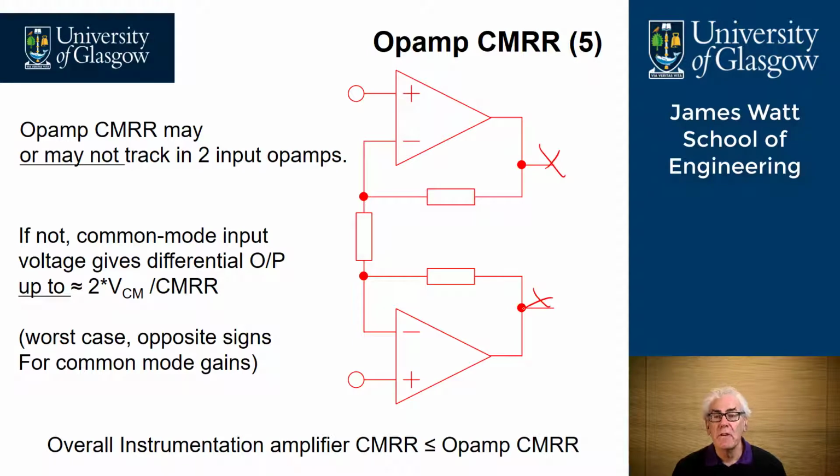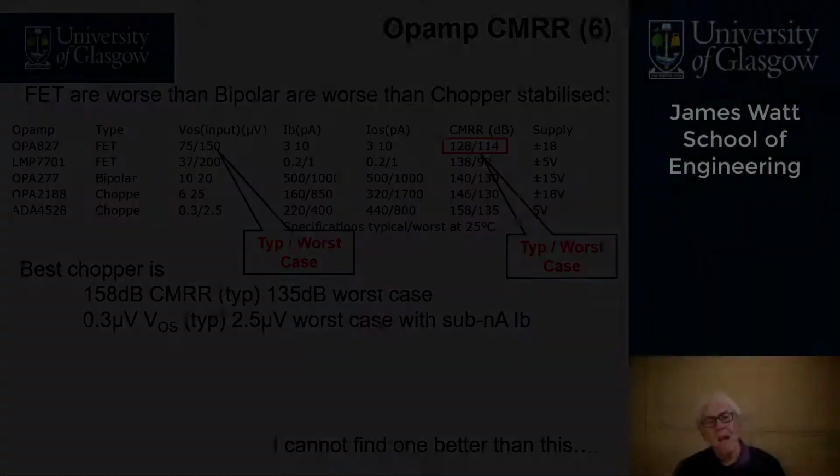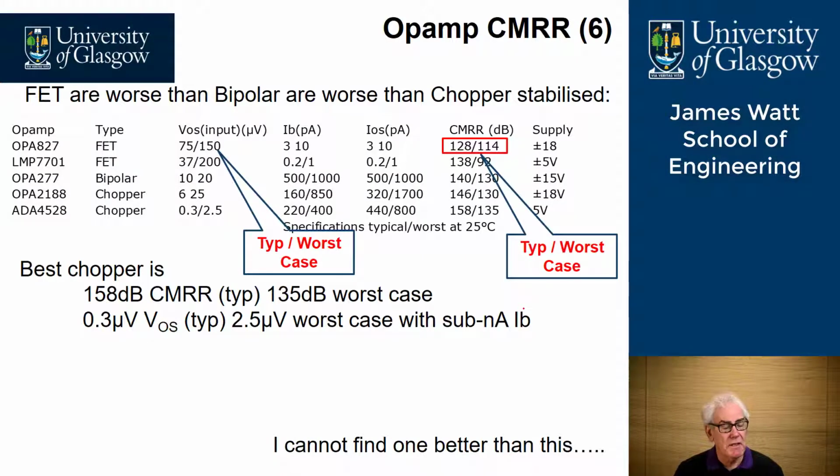For any given instrumentation amplifier design, the common mode rejection ratio of the overall instrumentation amplifier will always be less than or equal to the op-amp common mode rejection ratio. It can never be better than the op-amp common mode rejection ratio. Looking at a table, these results have been drawn from a typical distributor that supplies instrumentation amplifiers and op-amps.